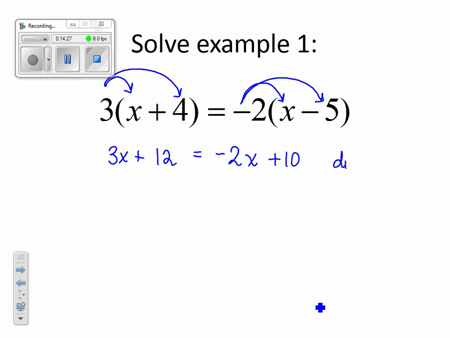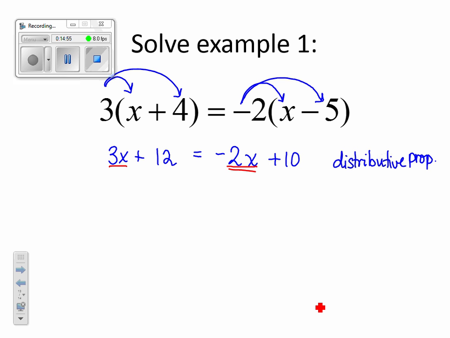So here we did the distributive property. We are using this property to do the first step of our equation here. Now, what would be the second thing we do? Well, I want to get the x's alone, but they're on opposite sides.